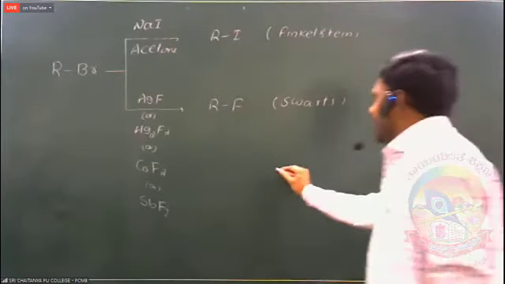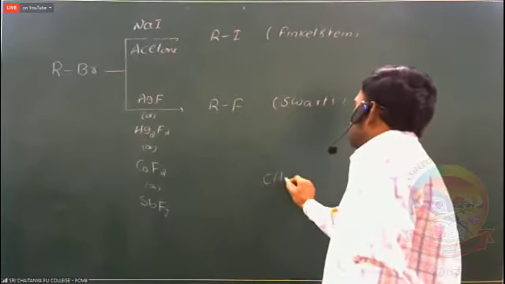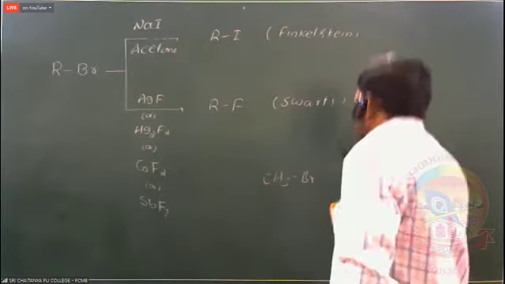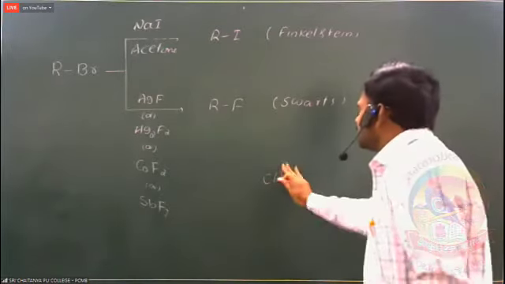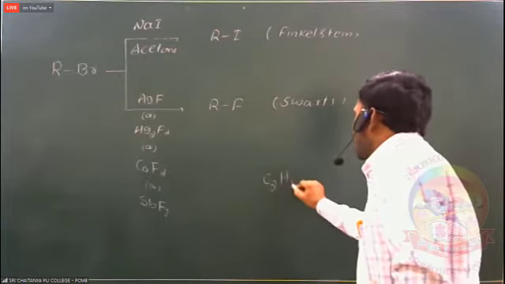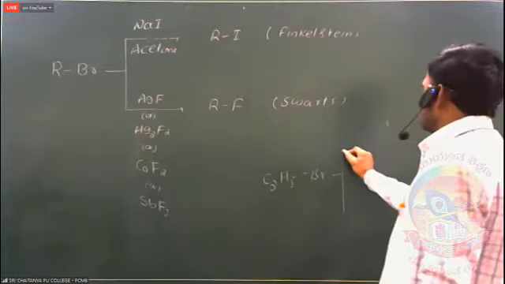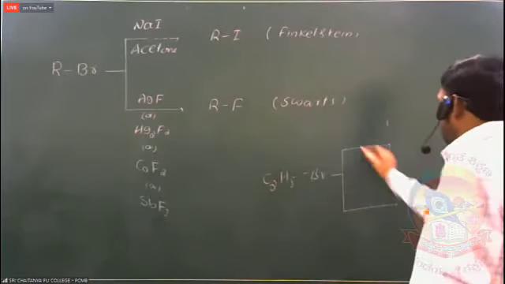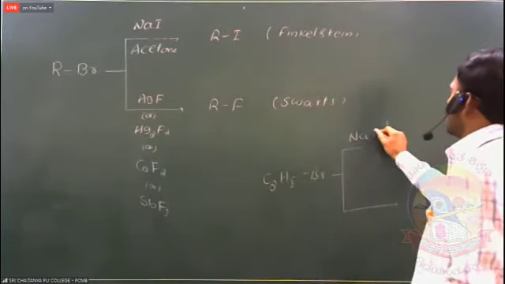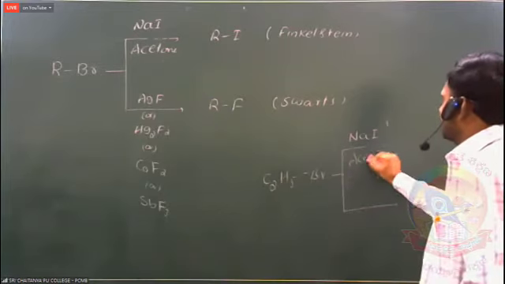Take a particular example. CH3Br or C2H5Br, ethyl bromide. So this ethyl bromide is treated with sodium iodide in presence of acetone.